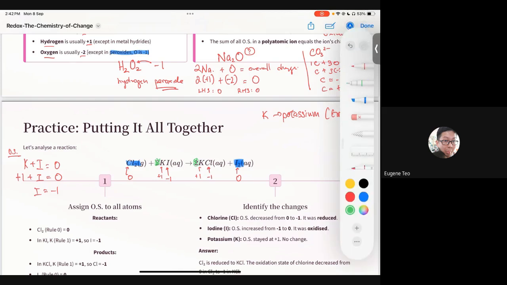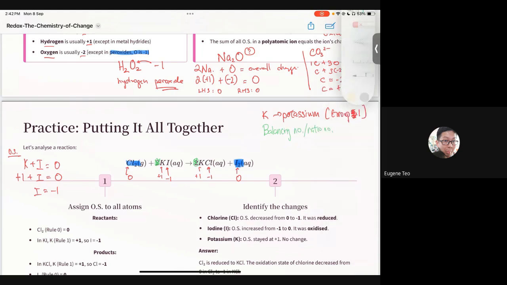So write this down: balancing number / ratio number does not affect oxidation states. So you can actually cancel out the 2 over here and over here.